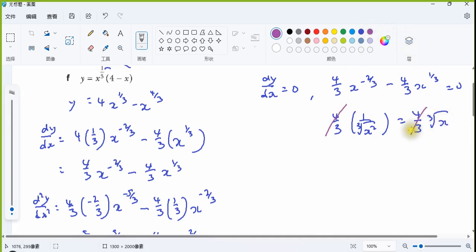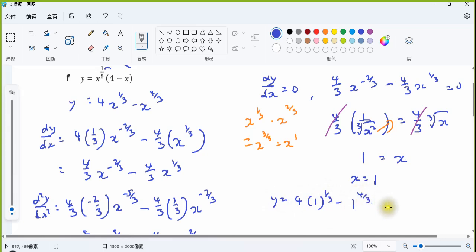So this cancels with this, then we have 1 equal to x. Okay, so x equal to 1. Because over here x power 1 over 3 multiplied with x power 2 over 3 is x power 3 over 3, that is x power 1. So x is 1.